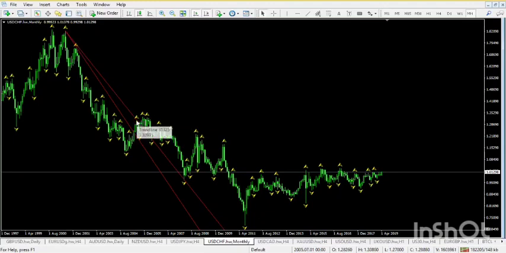I'm going to connect it to the next one. You see, when you connect it to one of the swing highs, it overlaps the other ones as well. So you have to draw it and connect every single swing high together.